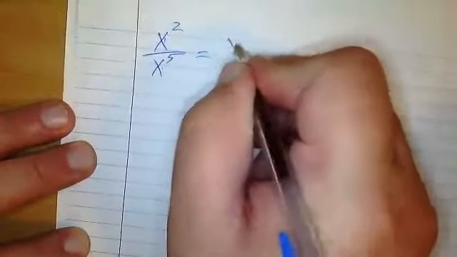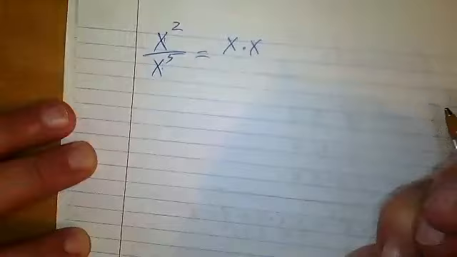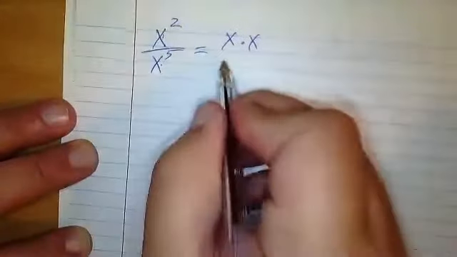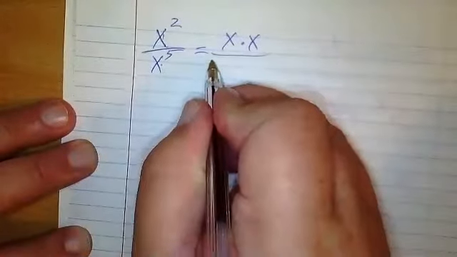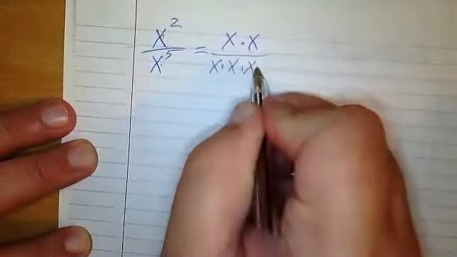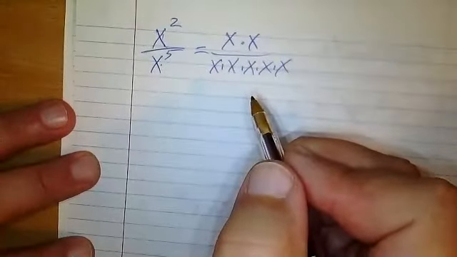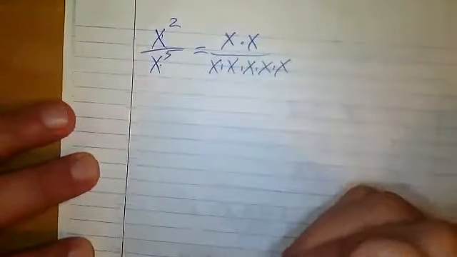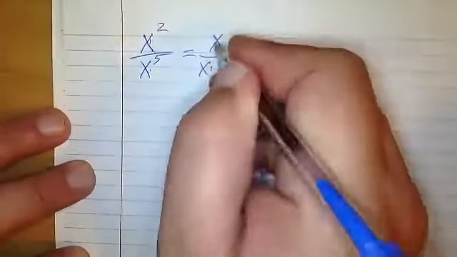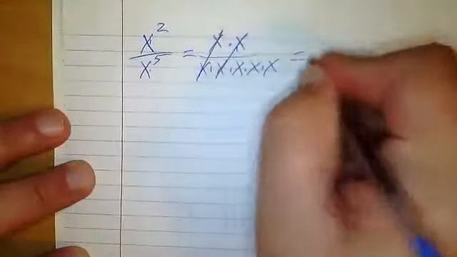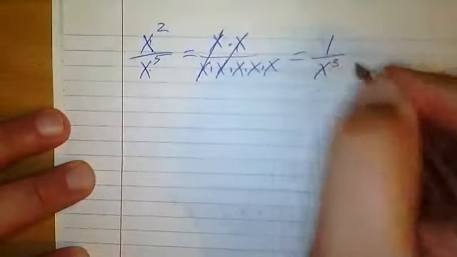Let's look at this. How many x's on top? 2, right? How many on the bottom? 5. So now what do I do? Cross cancel. I'm going to cross cancel these x's, and I'm left with 1 over x to the third.